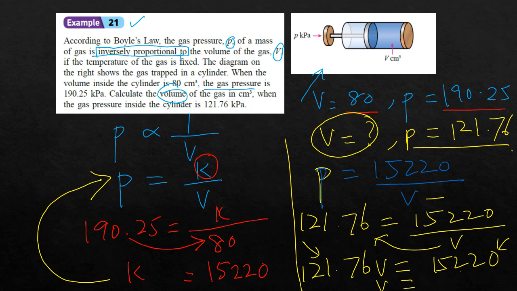So 15220 divided by 121.76. So you calculate this one, you'll get your V. Your V is 125. You put the unit cm cubed.